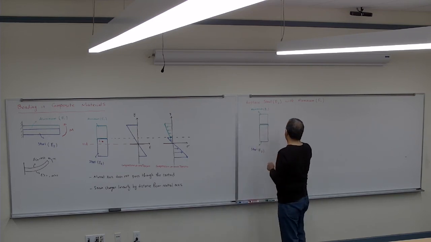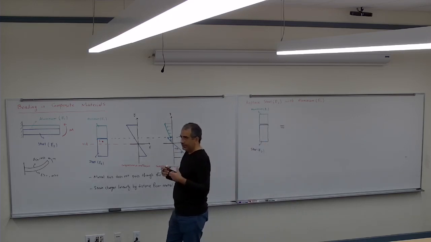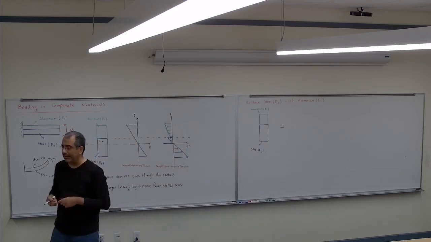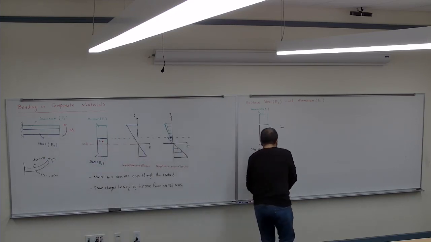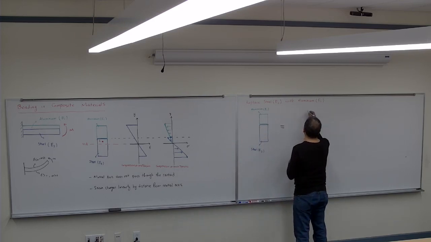I want to replace them. I want the new section to behave the same as the previous section. So if I want to replace it with the steel, the aluminum part would just stay the same.